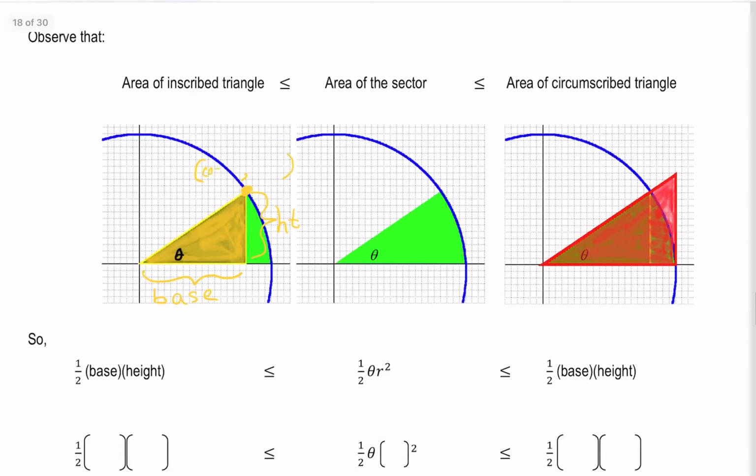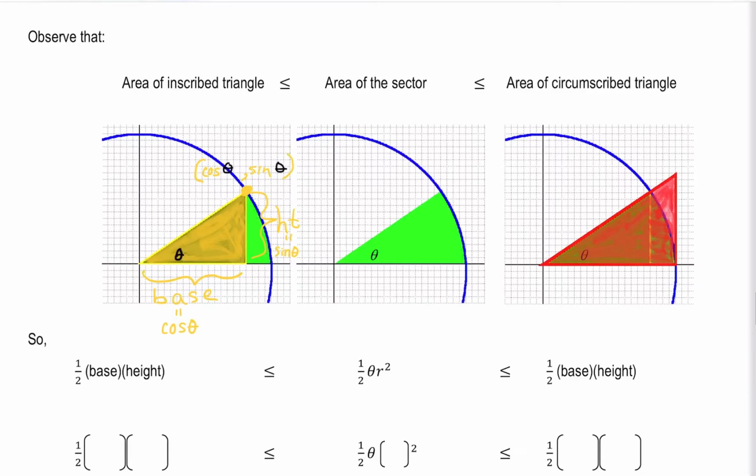So you learned that the cosine of theta is the x-coordinate and the sine of theta was the y-coordinate. And so that is our base and our height. So this is our base, so this is cosine theta, and then our height here, that's our sine theta.